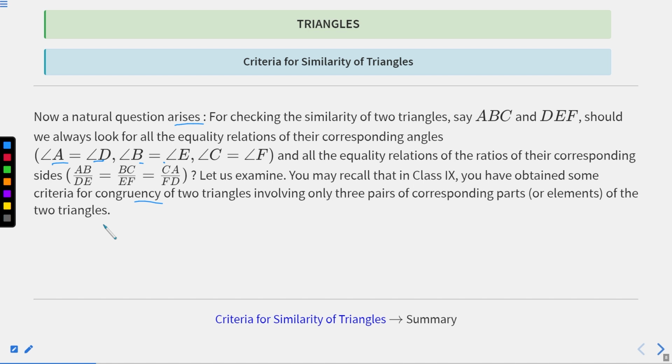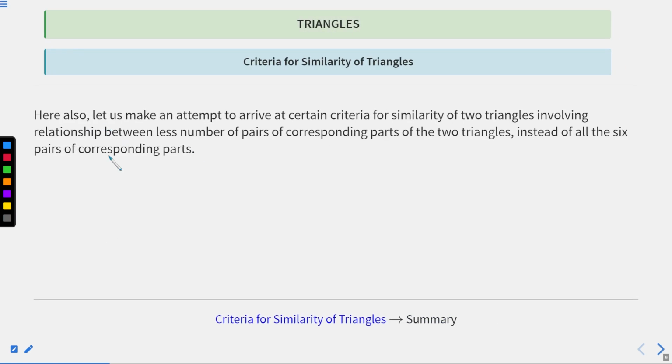Here also let us make an attempt to arrive at certain criteria for similarity of two triangles, involving relationship between a smaller number of pairs of corresponding parts, instead of all the 6 pairs of corresponding parts.